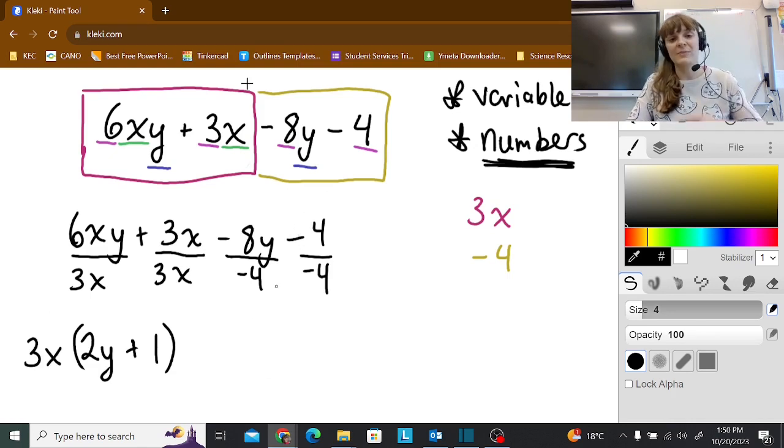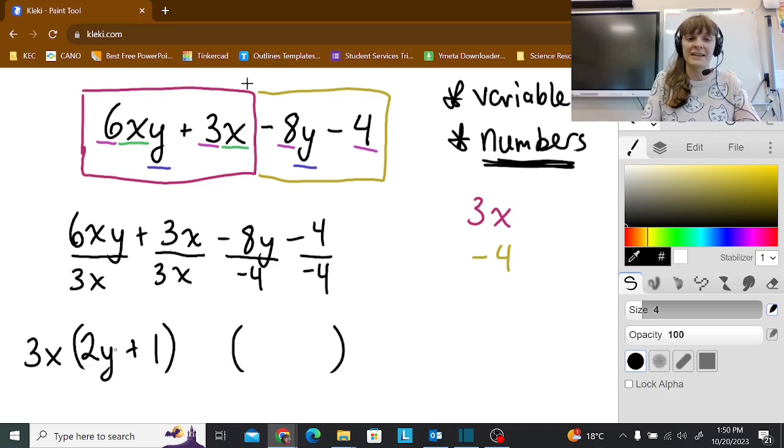Now when you're factoring by grouping, you're going to have 2 brackets, and you want to make sure that both brackets have the exact same thing inside of them. So here we are looking for 2y plus 1. And then we're trying to figure out what the multiplier is on the outside.